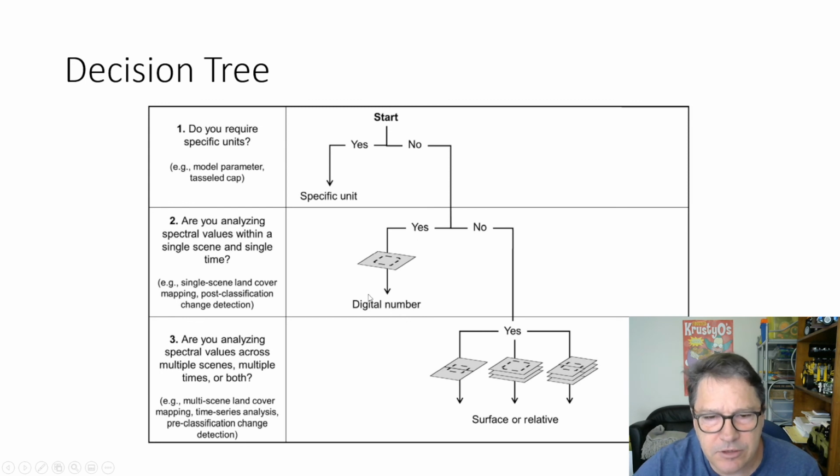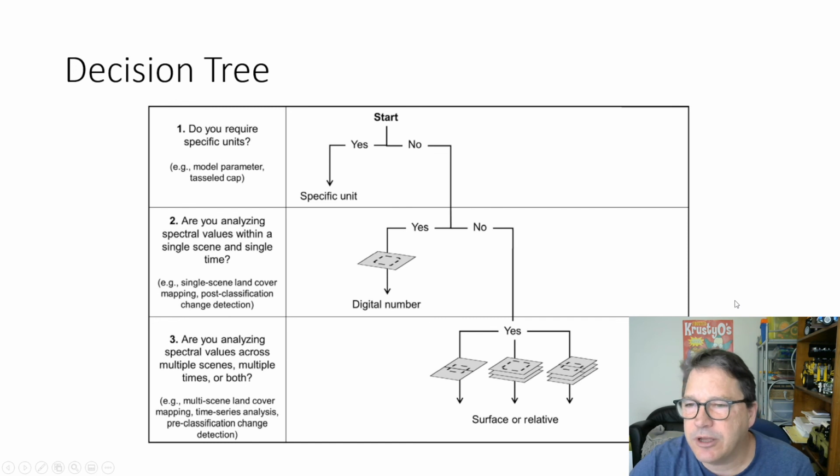Well then, okay, we can use digital number if it's a single scene. Otherwise, no, we need to keep going. Are you analysing across multiple scenes or multiple times or both? Well, yes, we're going to need surface reflectance. So that little picture kind of helps you make the decisions about what you're going to need.